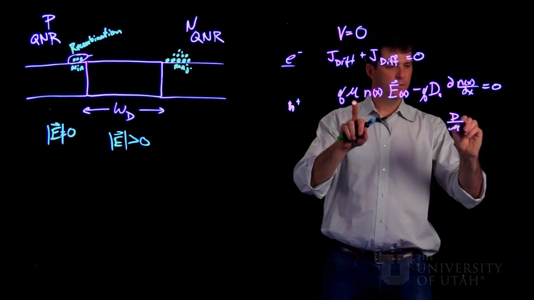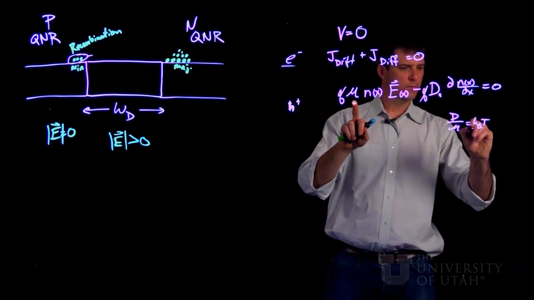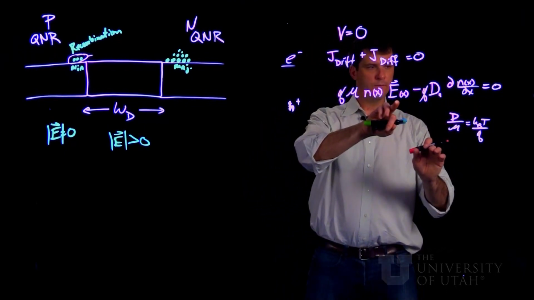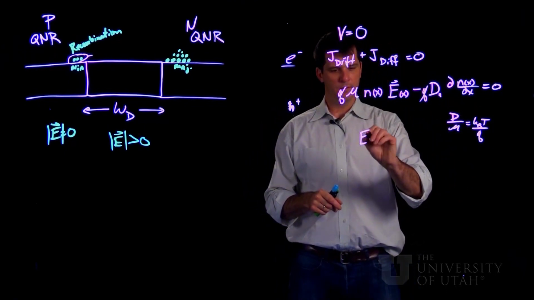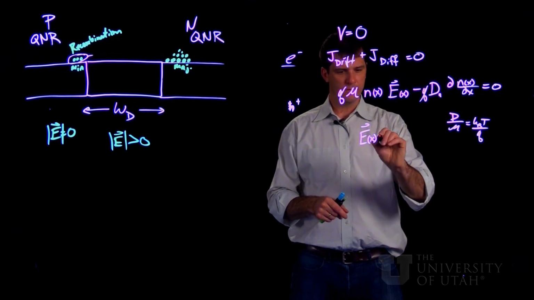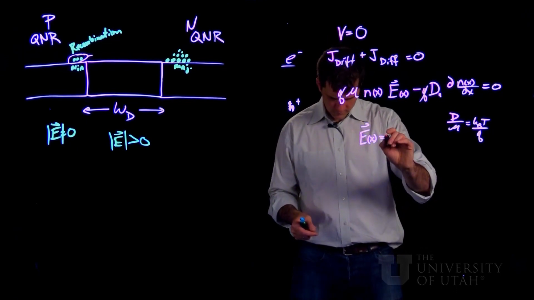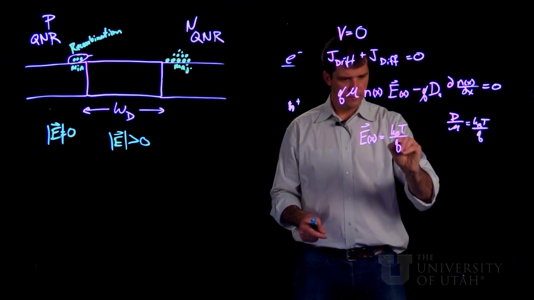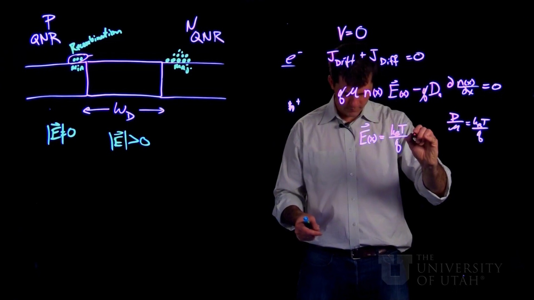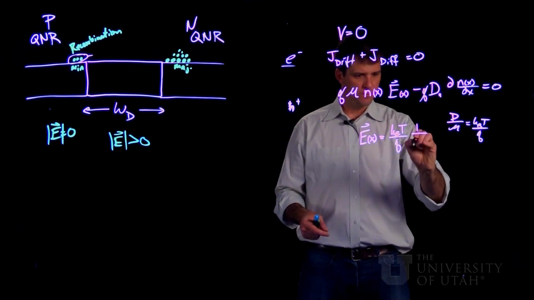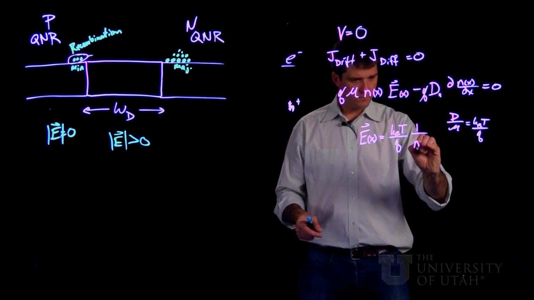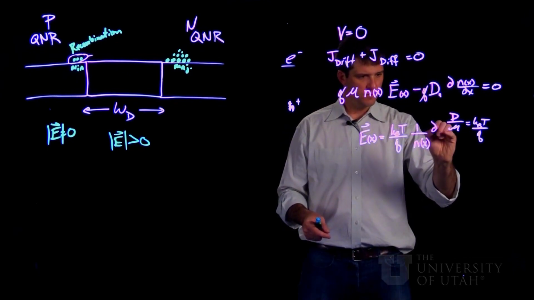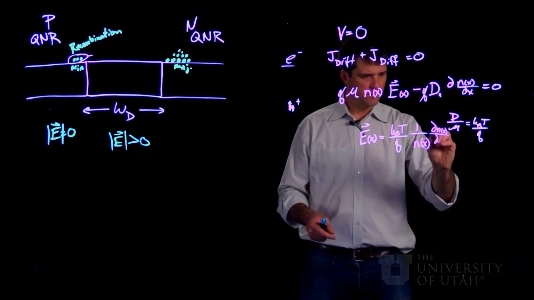So D over mu is kBT over q. And we can reduce this down and solve for E of x, and we get that E of x is given by kBT over q, known as the thermal voltage, times 1 over N of x times dN of x by dx.